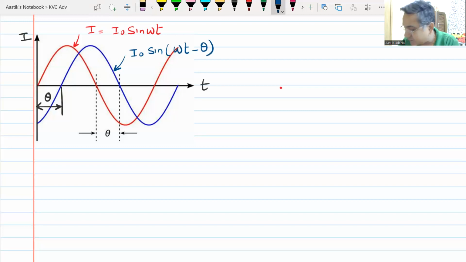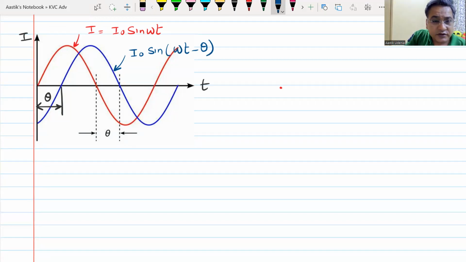This is a lagging wave. Whatever the red wave does, the blue wave is doing the same thing, but after an angle of theta. So this blue wave becomes I is equal to I naught sine omega t minus theta. This is a lagging wave.